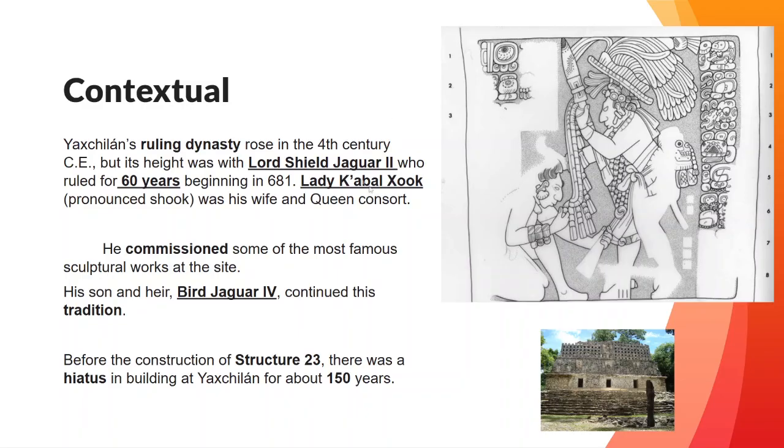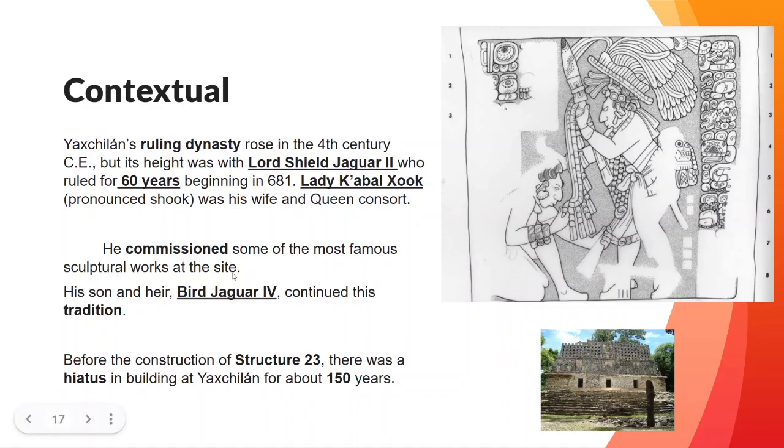And then we have Lady Cabal Shook. So we have woman representation here. Yay! This is his wife and the queen consort. Complicated. Elite, lots of wife kind of things, but she is important. This is a very highly recognized and esteemed role for her.